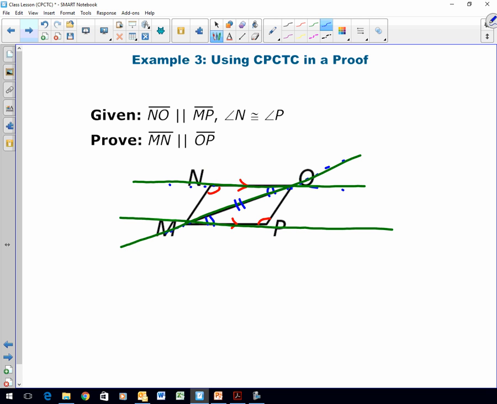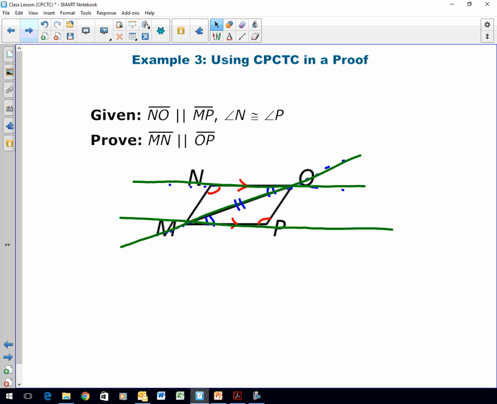Okay. Now, angle, side, angle, side. See that? Angle, side, angle, side, angle, side. I've got two congruent triangles. Corresponding parts will be congruent to each other.